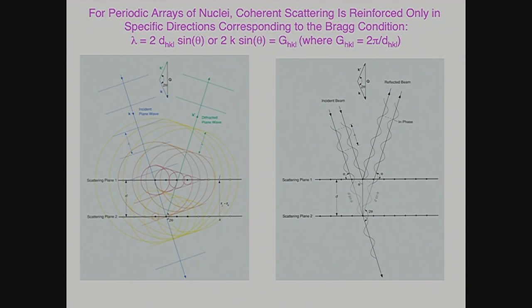Here's another way of thinking about Bragg scattering. If you think about an incident wave coming in on two planes of atoms, and you think about the phase difference between waves that are reflected from the top plane and the waves reflected from the bottom plane, you'll get this condition, the Bragg law, Q equals 2k sine theta, and this Q in that case will be 2 pi divided by the distance between the two planes.